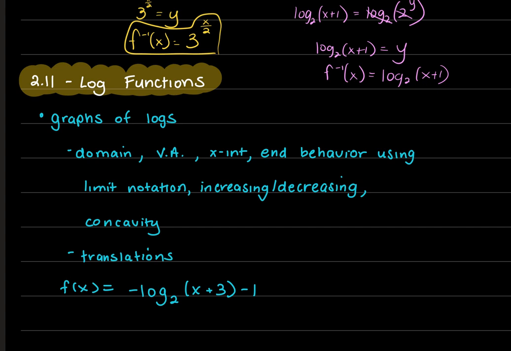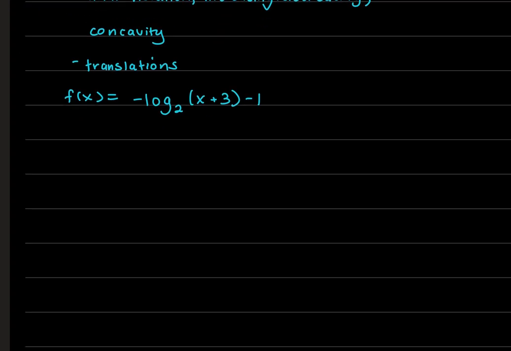So if it looked like this, if it said f of x equals negative log base 2 of x plus 3 minus 1, remember there's 2 methods. One is make it its inverse, plug in for the x, and then switch your x and y's. The other is make this y equals negative log base 2 of x plus 3 minus 1.